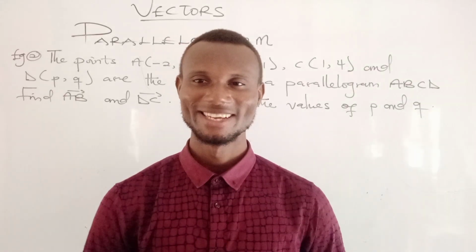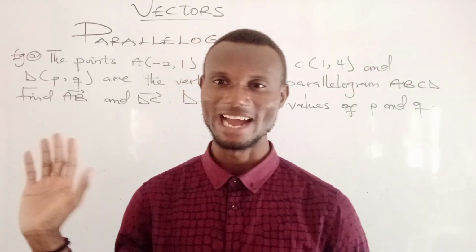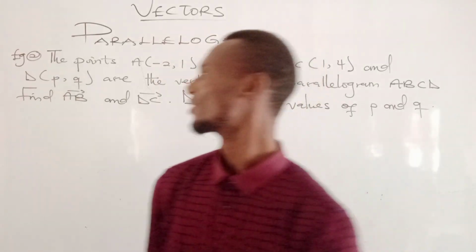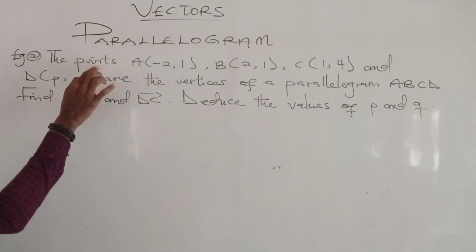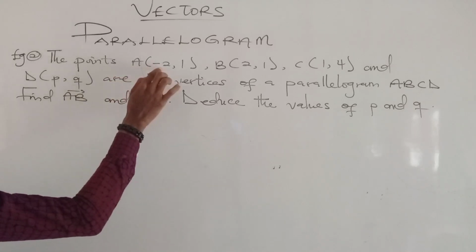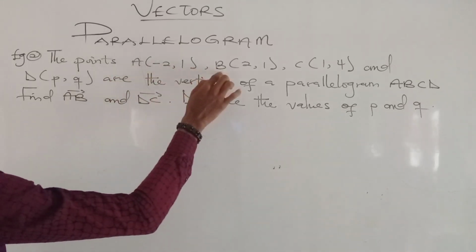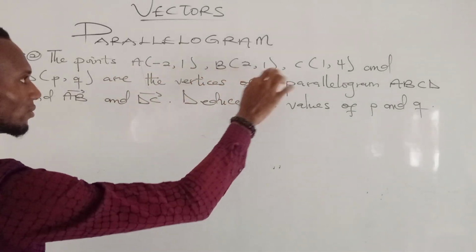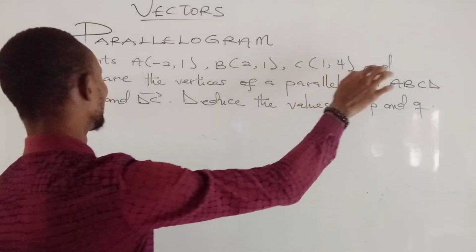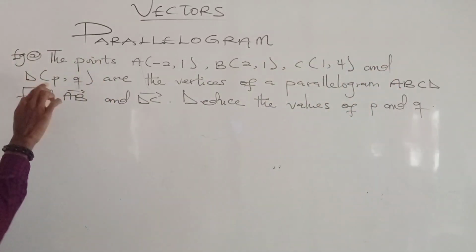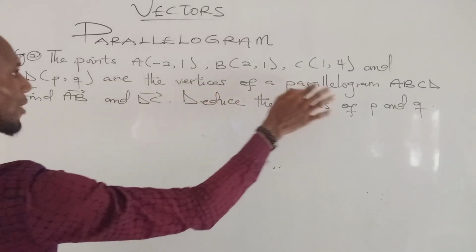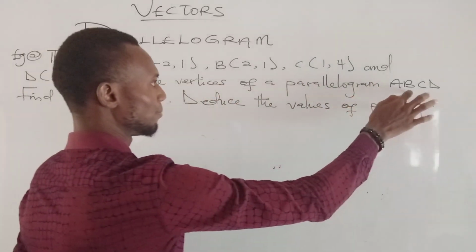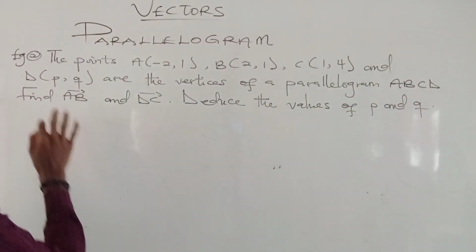Let's go ahead and take a look at the question that I have on the board. Let's read it together. Example 2 says that the points A(-2, 1), B(2, 1), C(1, 4), and D(P, Q) are the vertices of a parallelogram ABCD.